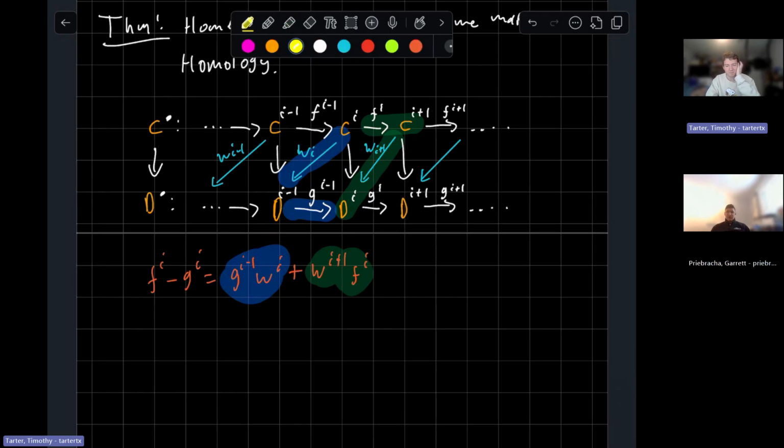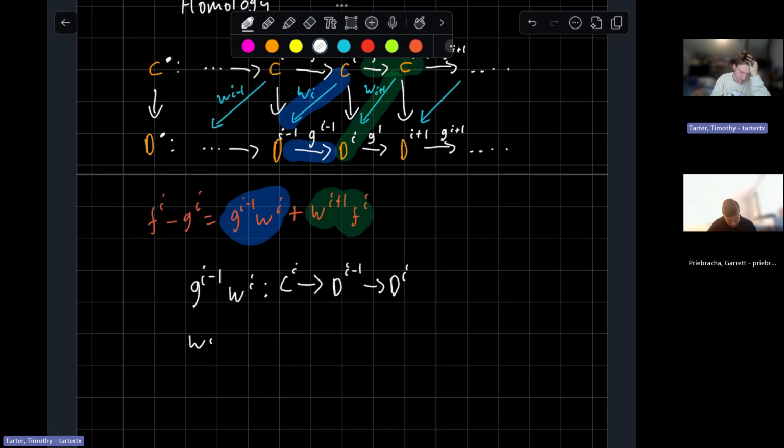All right. Talk about a rock, paper, scissors contest. So fi minus gi. So let's first note gi minus 1 wi goes from Ci to Di minus 1 to Di.